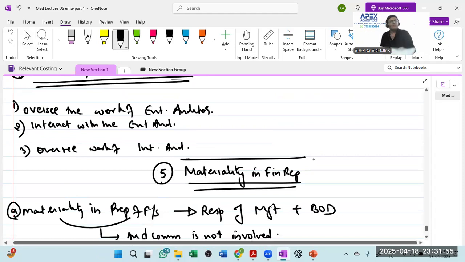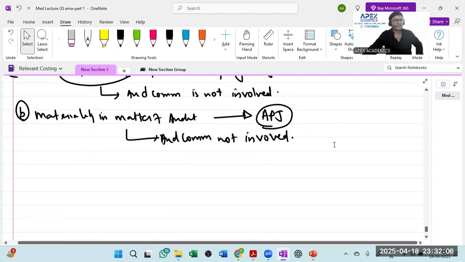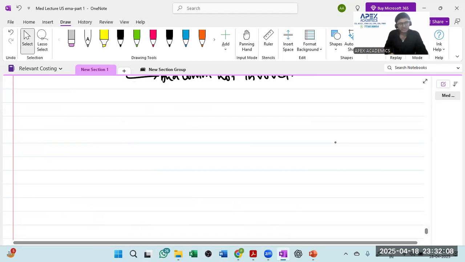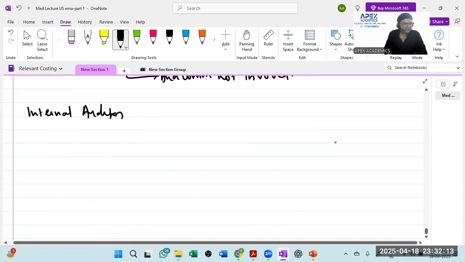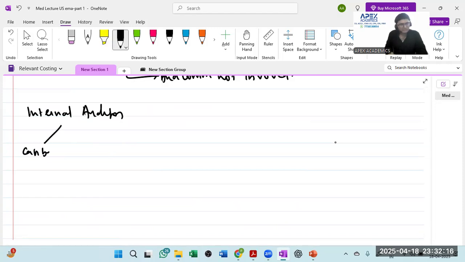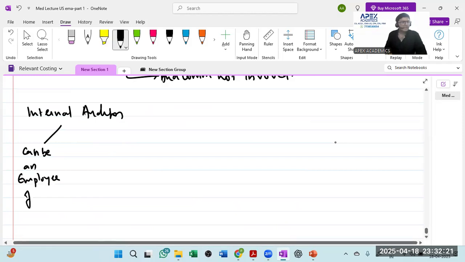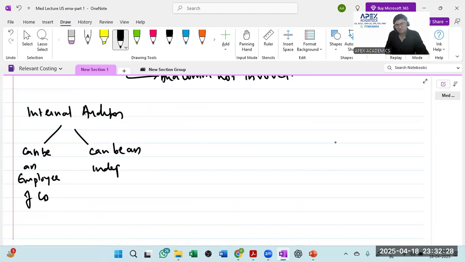Sir, what about the companies that involve internal auditors and external auditors? Please try to understand this fantastic ambit that exists. Sir, the internal auditor can either be an employee of the company or an independent service provider.